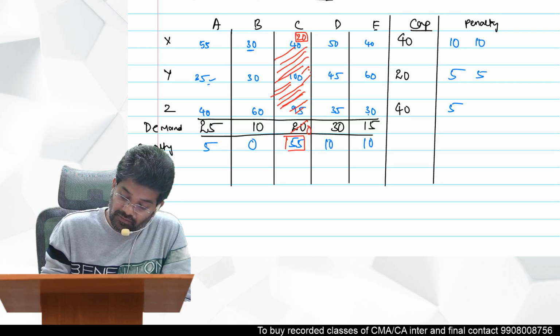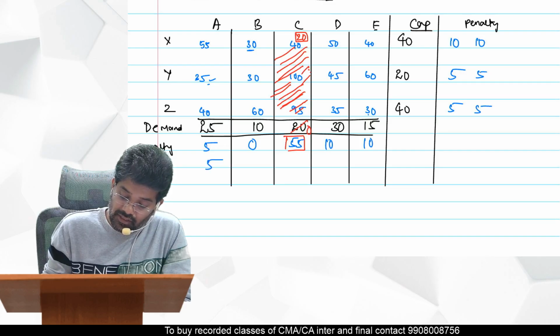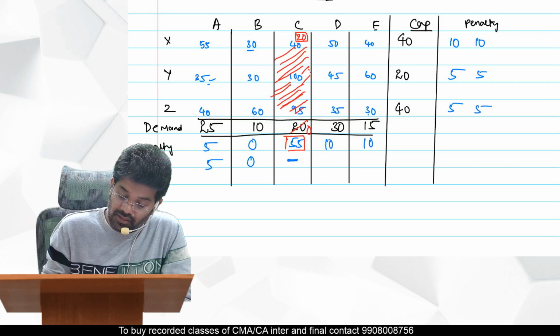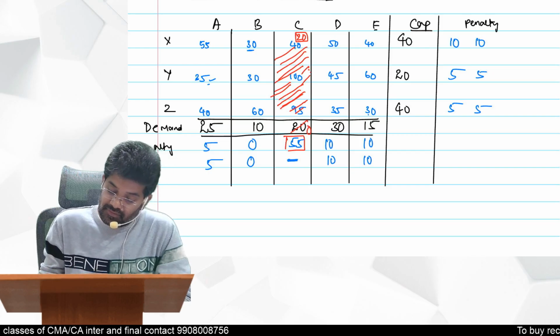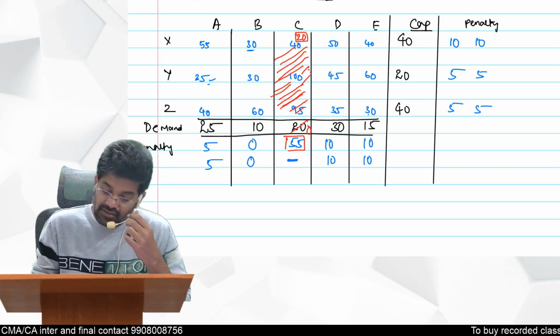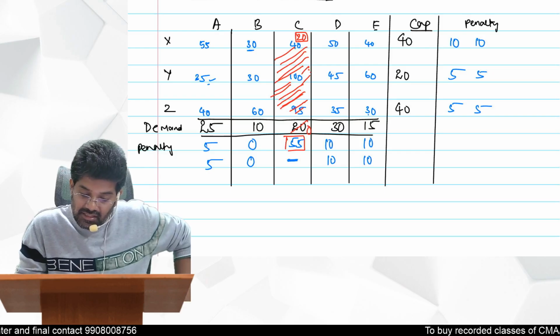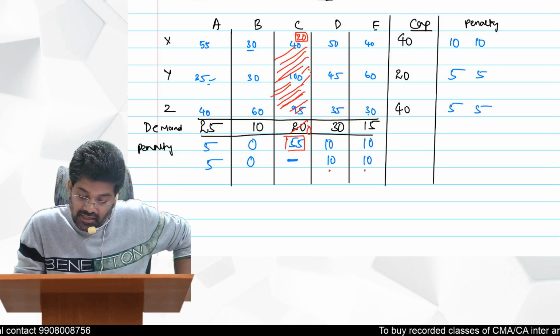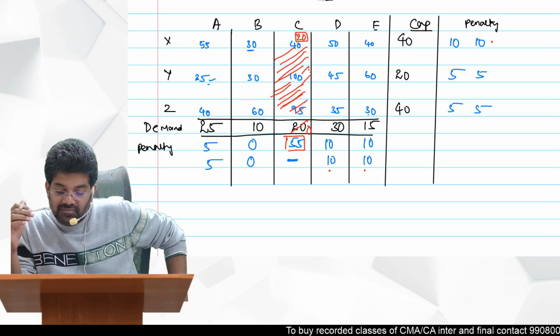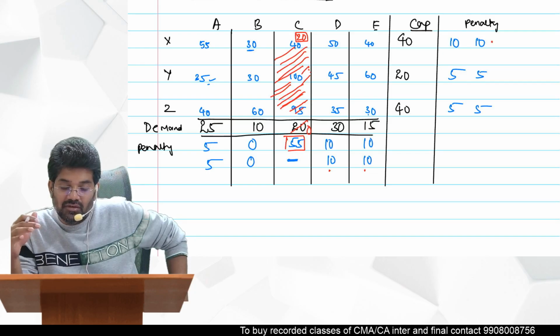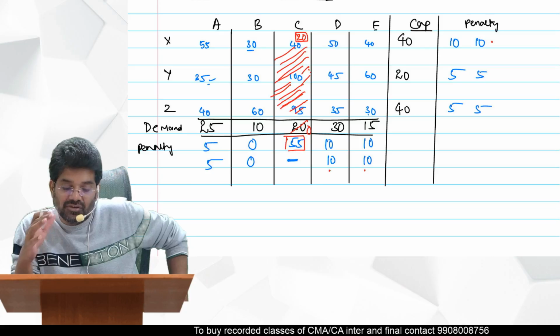This 5 only, 0 is not applicable here. 35 and 45, 10, 10 only. Out of these the maximum is 10. You have three 10s here. So there is a tie in the highest penalties. Out of these now you have to see where you have the least cost.